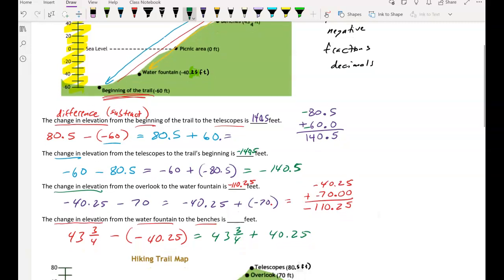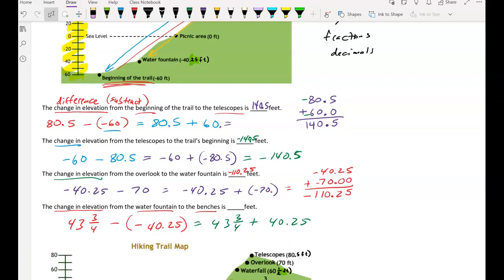Okay, now here's the problem. 43 and 3/4 is a fraction. We're trying to add it to a decimal. What do we do? Well, we have to change 43 and 3/4 to a decimal. That's the easiest thing to do. So I'm going to go over here. So this is what I'm changing, 43 and 3/4. I'm going to change it to a decimal.